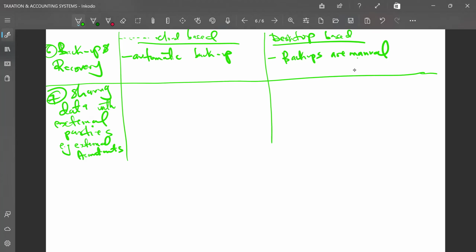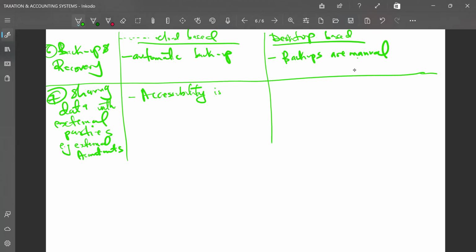So, now, sharing data is efficient in a cloud-based system because of that ease of access, and I'm looking for wordings to put in there. Now, accessibility. Accessibility is easy.